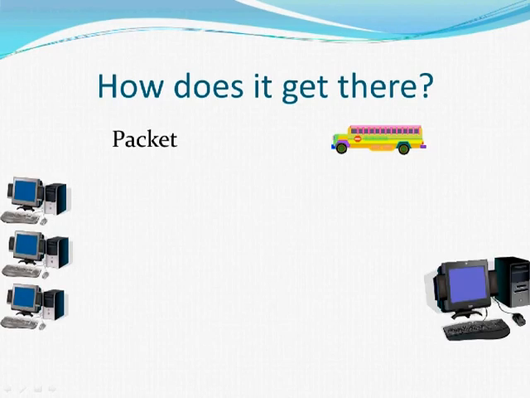Now, your computer across the internet communicates with many other computers, and these buses or packets are sent from your computer to other computers, and vice versa. The other computers are sending you these little buses or packets back and forth.